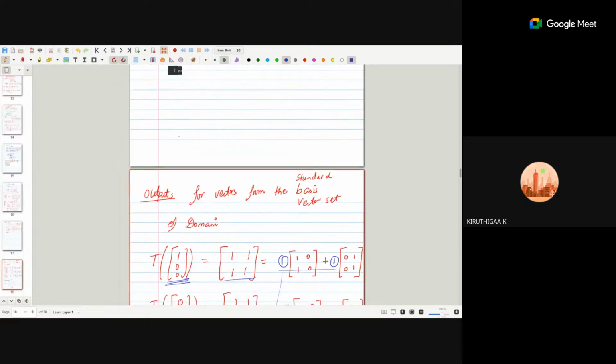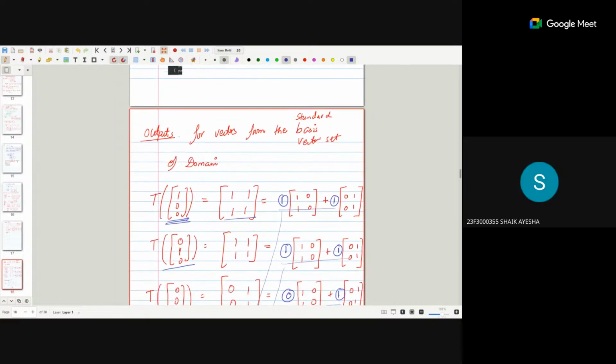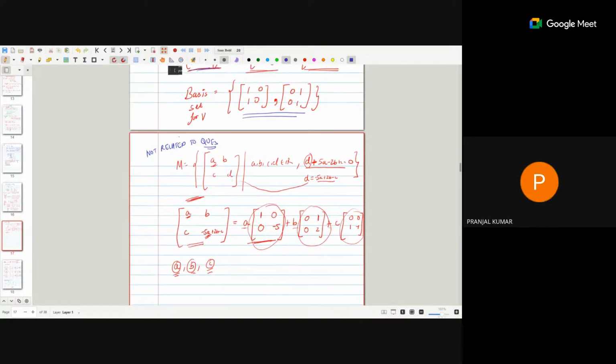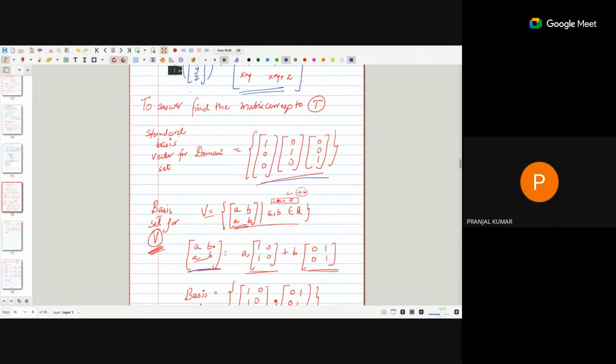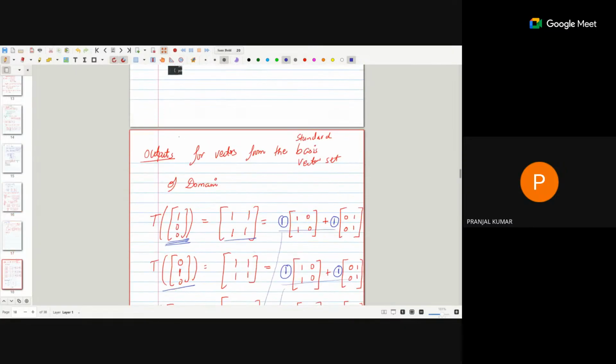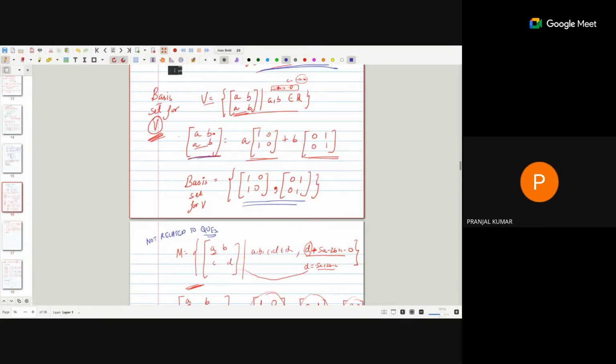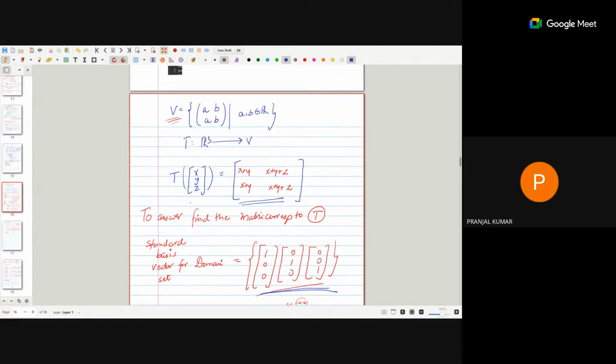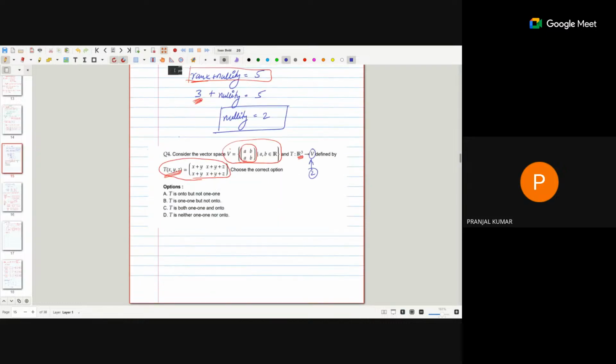See, these are your standard basis vectors, right? 1 0 0, 0 1 0, and 0 0 1. So I'm finding the images of those according to this linear transformation, which is x, x plus y, x plus y plus z. So this is your linear transformation which is given in your question.